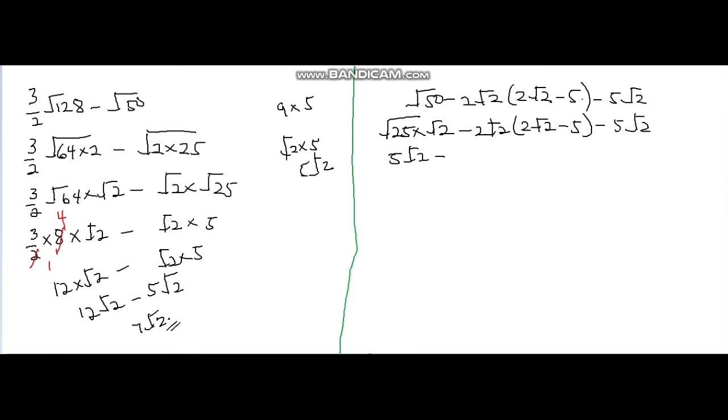The minus, we are about to multiply here. Now if we have a question like 4a times 2b, what do we do? We multiply the numbers. After that we multiply the letters.